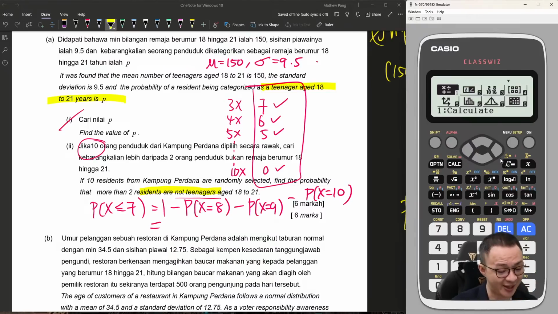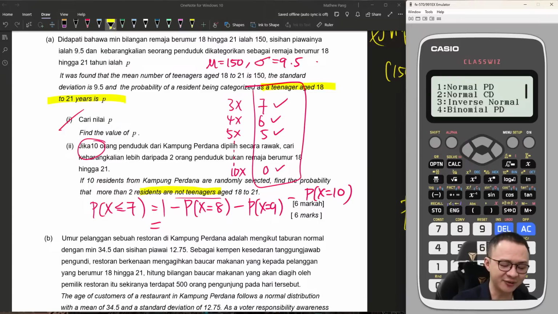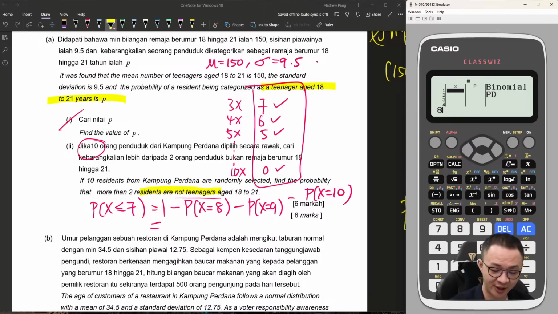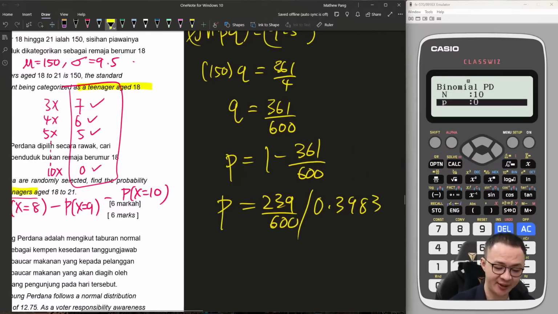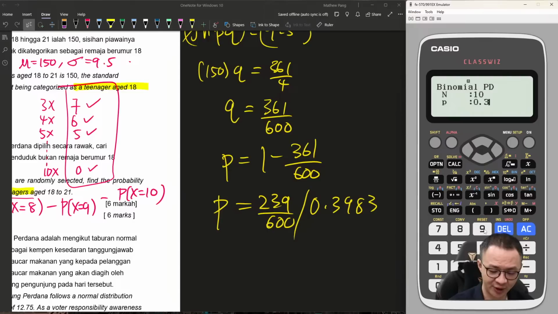But here I'm a bit lazy, so I'm going to use a calculator. You can just use the formula. If any one of you do not know how to use the formula, you let me know. So right now I give myself a list for 8, 9, 10. My N is 10. My P is 0.3983.